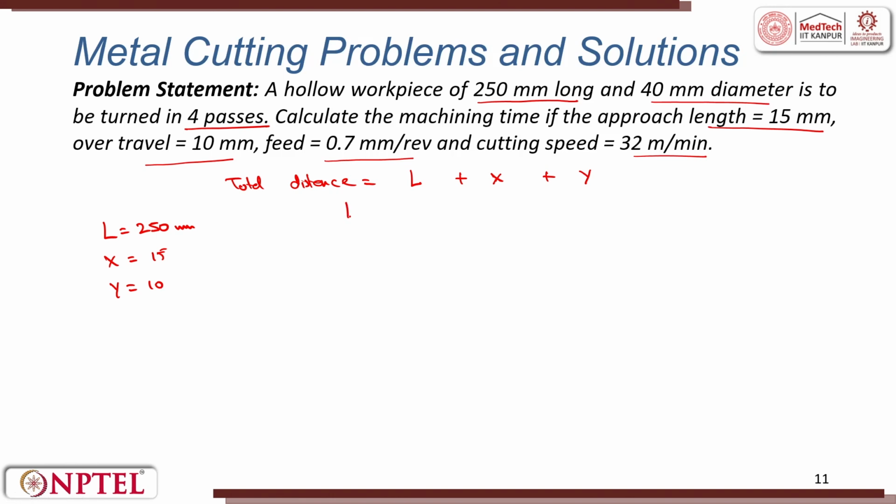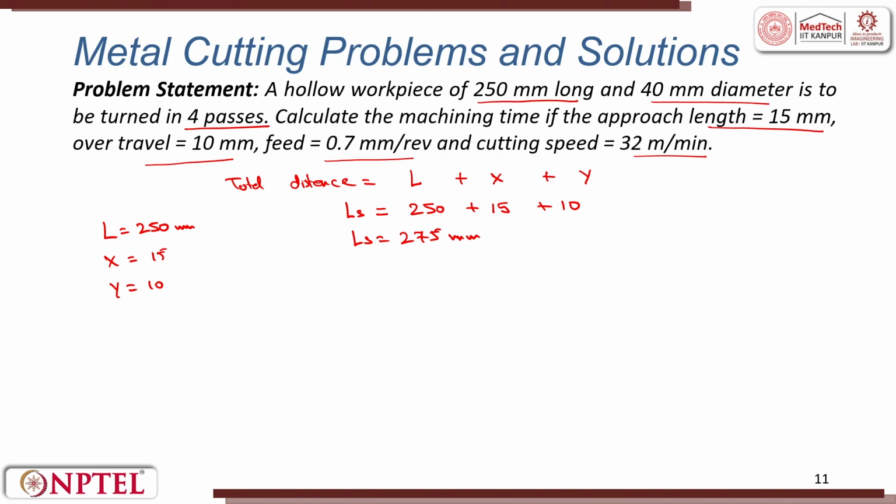So the length of a single pass, Ls, is equal to 250 plus 15 plus 10, that is 275 millimeters.